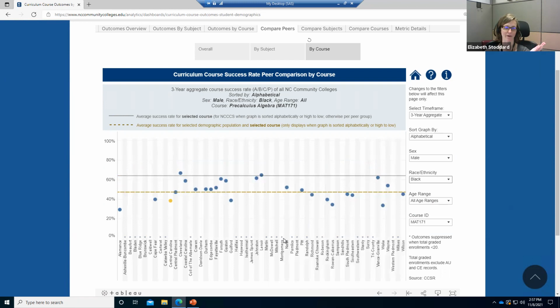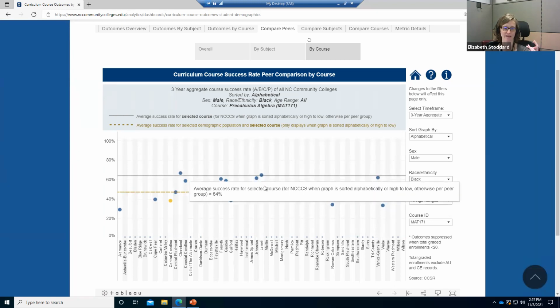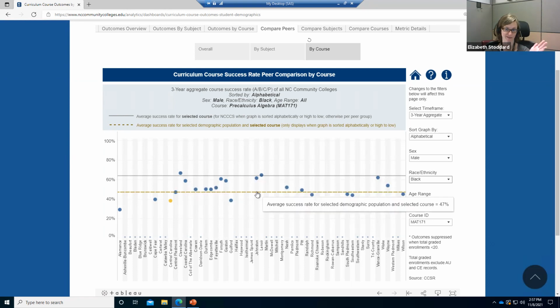So we're seeing a lot more schools that had fewer than 20 Black male enrollments in Math 171. And then we're also seeing the average success rate for our Black male population decreased compared to the overall Math 171 success rate.